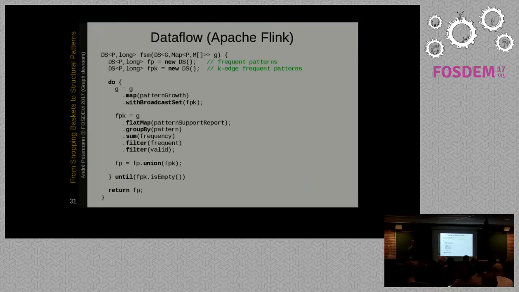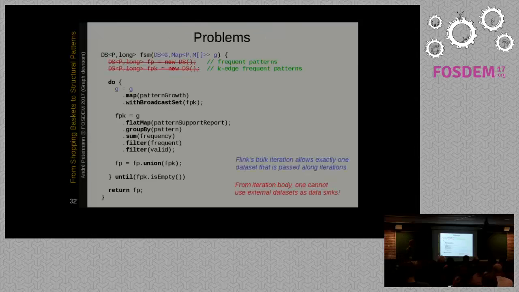But the problem is that Flink's bulk iteration is a data flow iteration. It's not like a typical while loop. It's something related to the batch API of Apache Flink. It allows only exactly one data set to be passed along iterations. And the problem is here we have 3 data sets which we manipulate during our iterations.